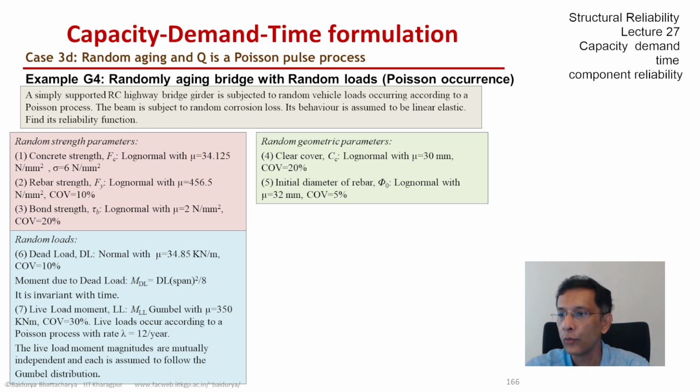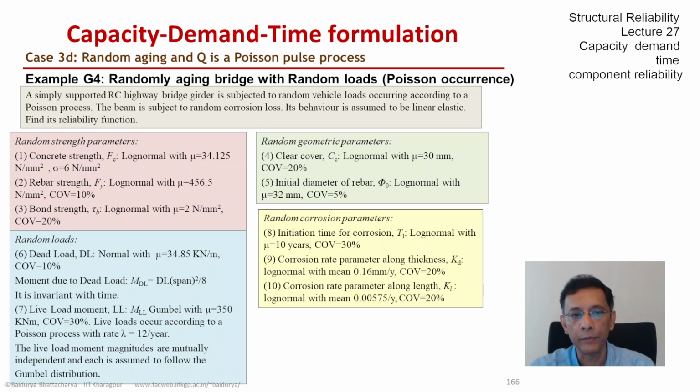In the loads, we have the dead load and the live load. The live loads are IID in nature and they occur according to a Poisson process with a certain rate. And then we have the corrosion parameter. So that brings in the randomness in the aging process.